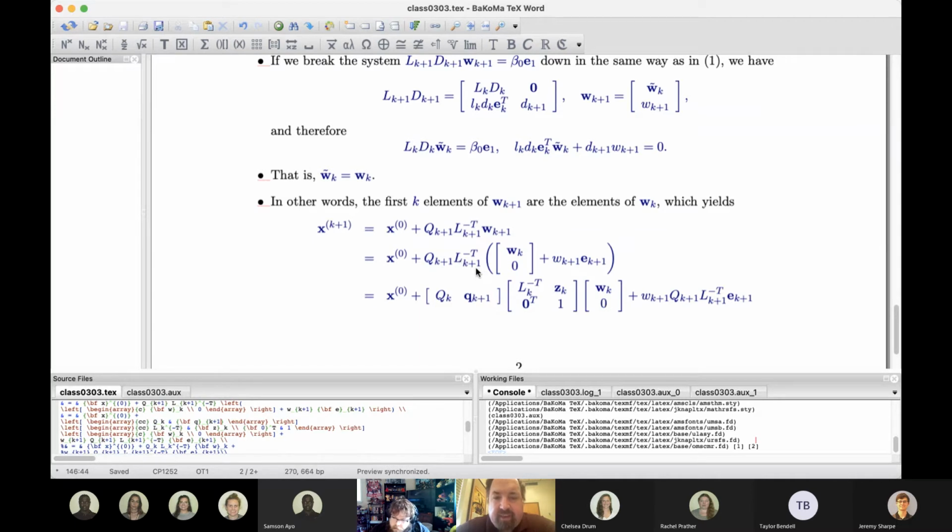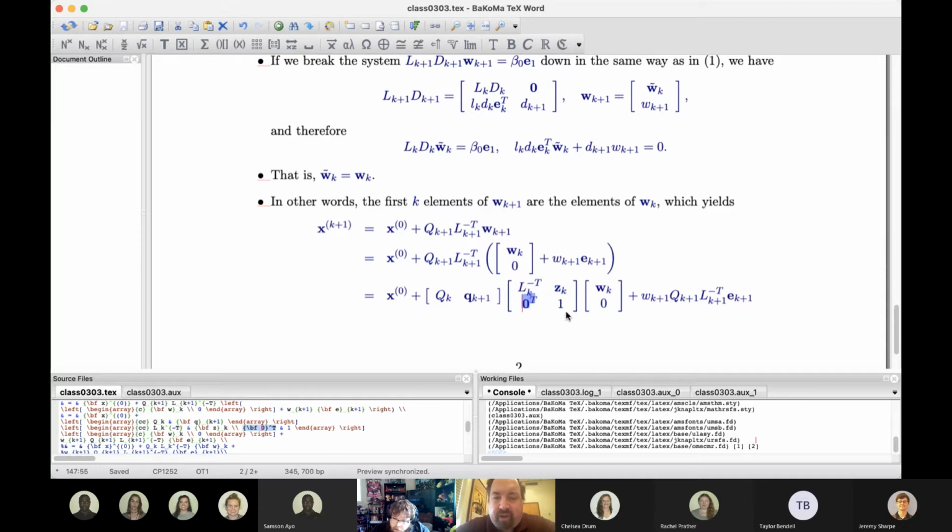L_{k+1} can be broken down because it's a unit upper triangular matrix because of a transpose, and it breaks down this way where I have L_k inverse transpose in the upper k by k portion. I have some vector here. I don't really care what it is. This is 0 because it's upper triangular.